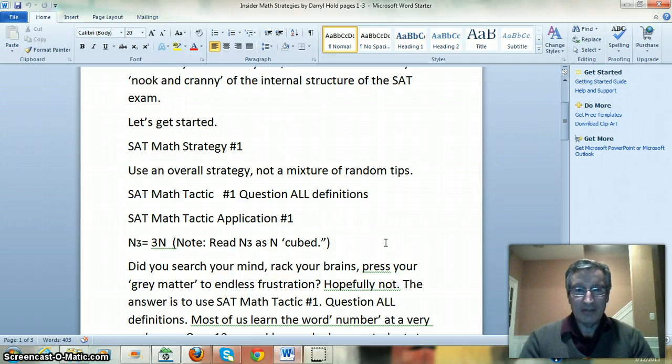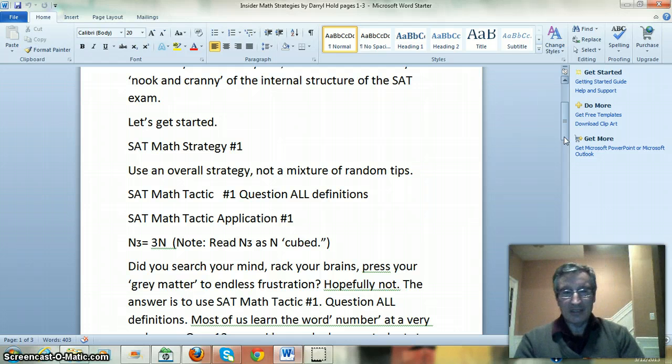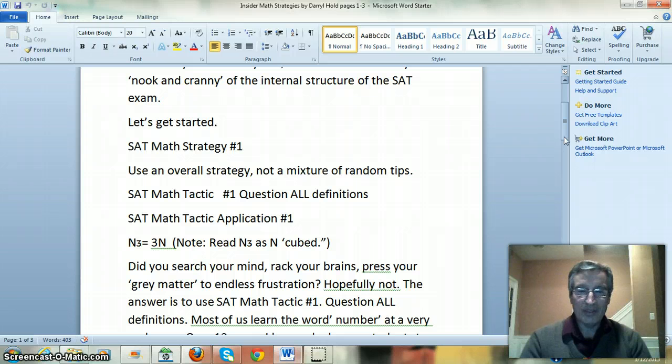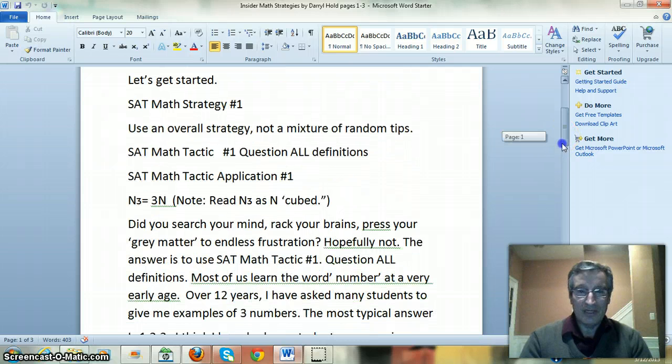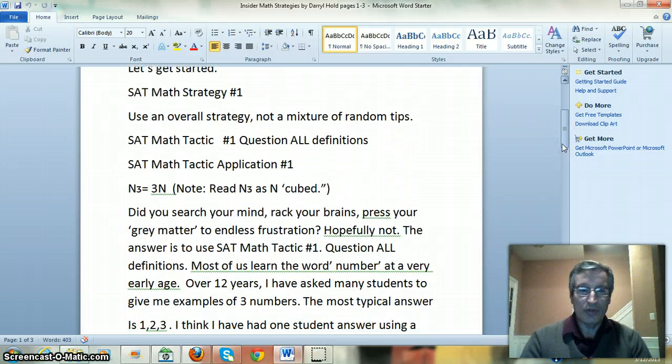Is there anything where n cubed equals 3n? Well, the obvious answer would be 0. But in addition to that, is there anything else? Did you search your mind, rack your brains, press your gray matter to endless frustration? Hopefully not. The answer is to use SAT math tactic number one.